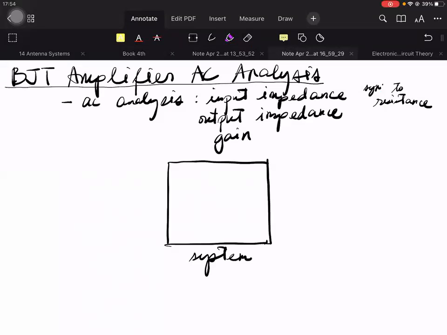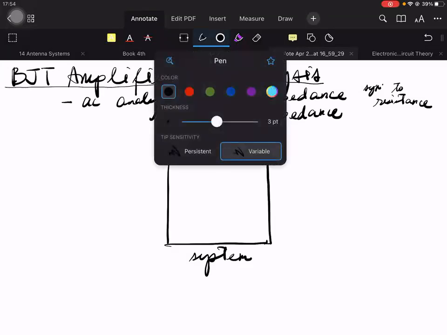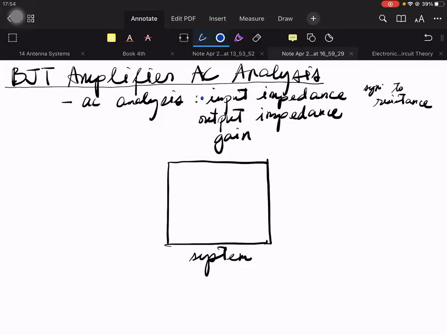We do not need to know that it is a voltage divider amplifier. All we need is these three: the input impedance, the output impedance, and the gain. These three will sufficiently characterize our system. And in this case, our system is an amplifier.